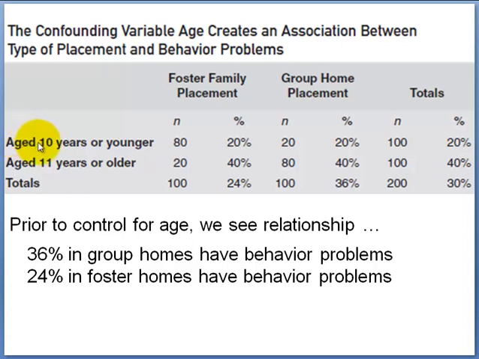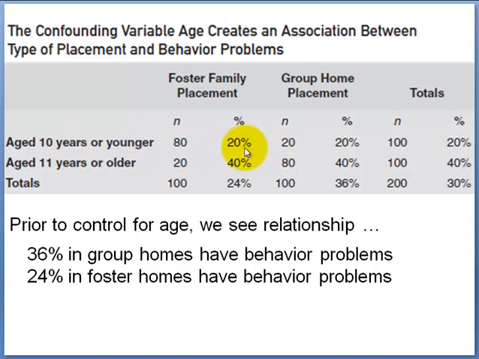We have two subgroups here, and our potential confounding variable is age. So let's look at kids who are 10 and younger in foster family and group placements.